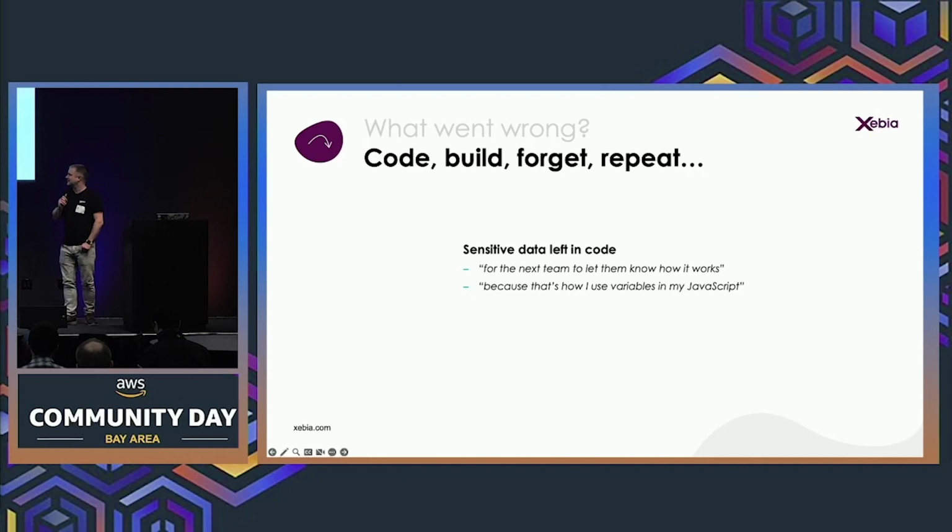So the team that developed this code left part of the configuration file, the credentials, in the code. They pushed it to the repository, and they thought it's a great idea to leave it there because, hey, the next team will pick it up and they will clean it. So they forgot to clean it.